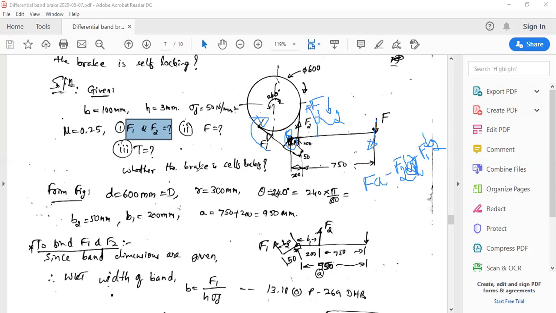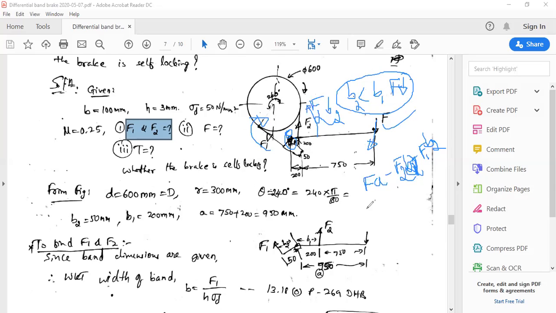Here is one more important term that we have discussed: b2 is less than b1, or b2 is greater than b1. Now b2 is less than b1, hence F is acting in the downward direction. This is the condition we have discussed, as it is given already. No need to worry about that particular condition, but even though we can check it, b2 is less than b1, hence F is acting in the downward direction.